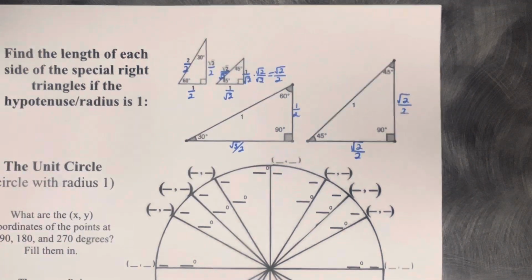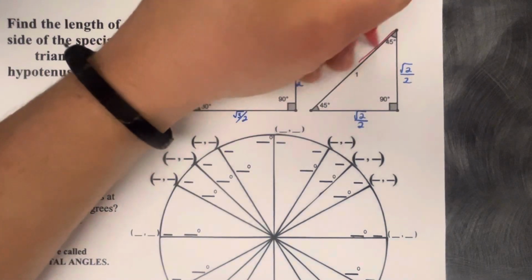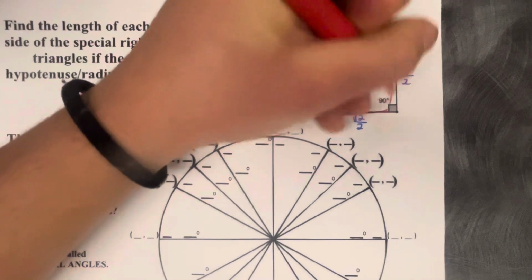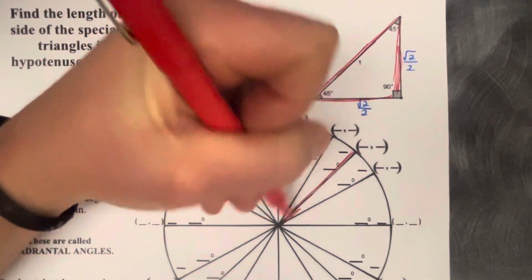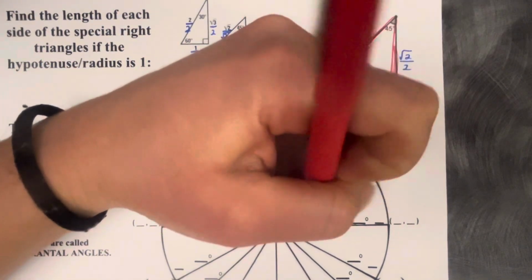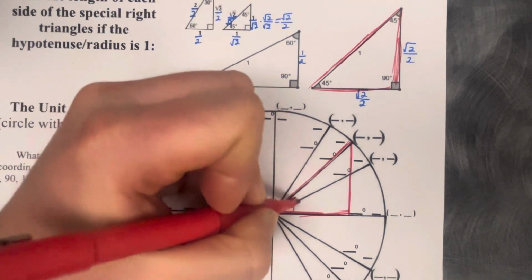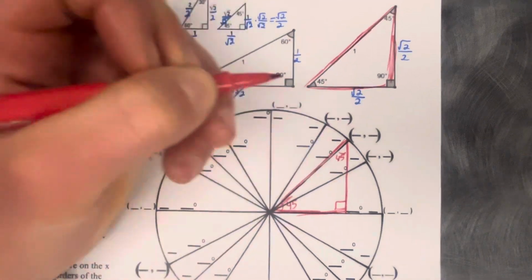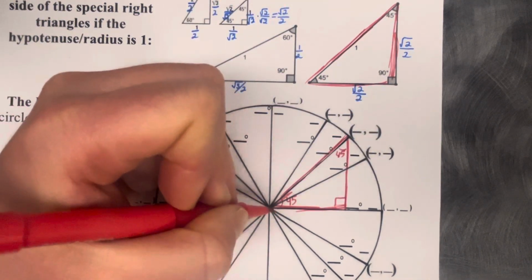Now let's draw these in on our unit circle. It might help if you color code these. I'm going to draw my 45, 45, 90 in red, just so I can see where these values are coming from. Here's my 45, 45, 90. The only angle we really care about is this reference angle that comes from the center.